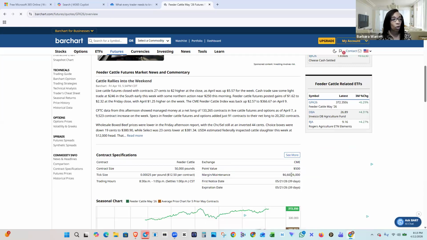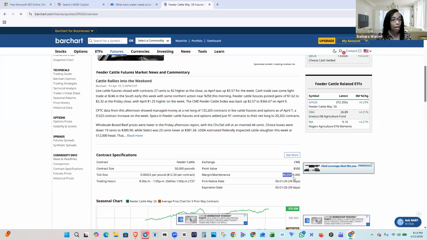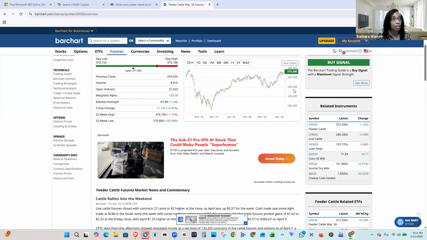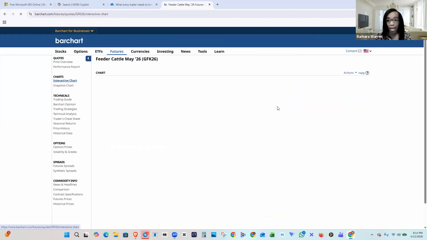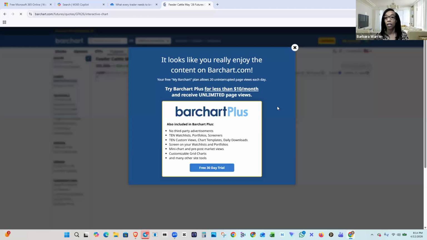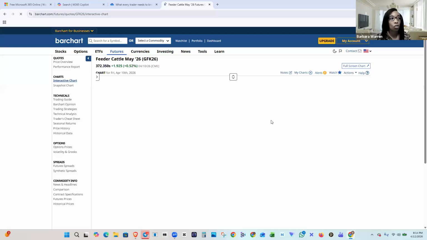So your account, you would need to have $6,600 sitting in your account to even take this trade. And every day at the close of the trade, which is your maintenance, you'd have to have $6,000 that stays in your account continuously, just as long as you're in this trade.